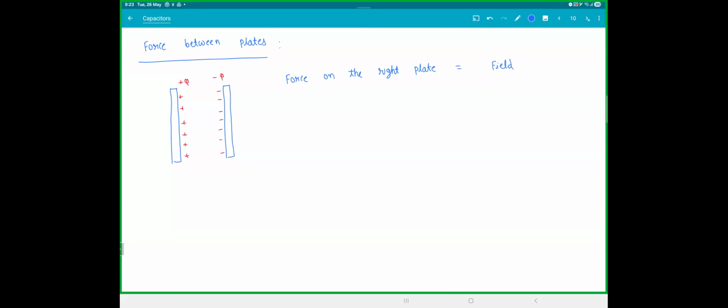Remember, whenever you want to find the force, you have to find the field due to the remaining guys on you. You should not take your own field on yourself. So if you want the force on the right plate, you should take the field due to the left plate into the charge on the right plate.